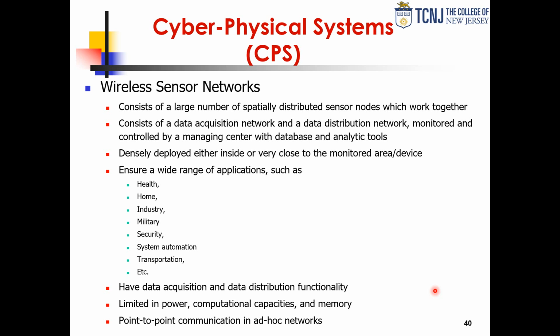And because of that, one way to have low power dissipation is to have limited computational capabilities. In a sense, not having a high clock rate or not having a large memory. So these are ways to minimize power from a design perspective.